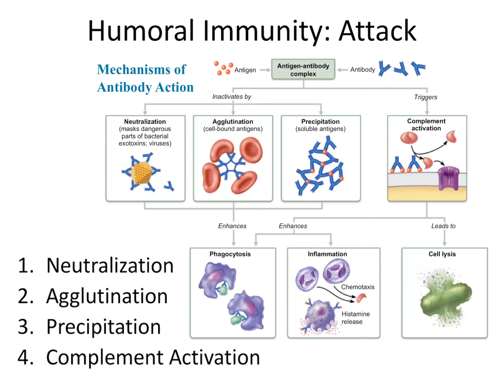So it can basically block certain parts of that microorganism or that pathogen, making it less effective at attacking the host cells. The second mechanism it can use is agglutination.